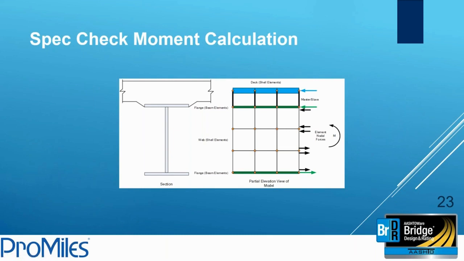And then that 2D moment is applied to an equivalent 2D model, which is used for spec checking of that model. This way of transforming moments happens both for the dead load analysis as well as for the live load analysis.